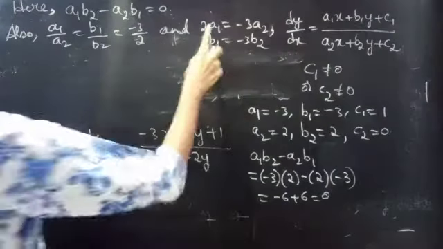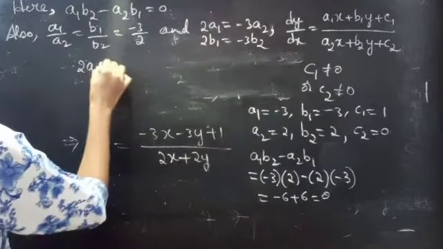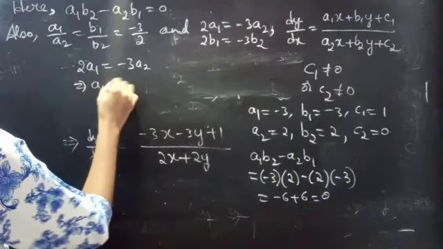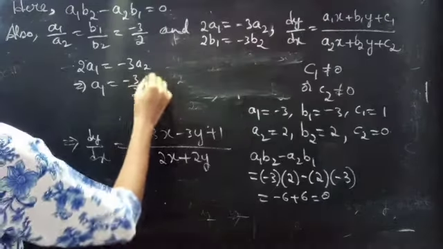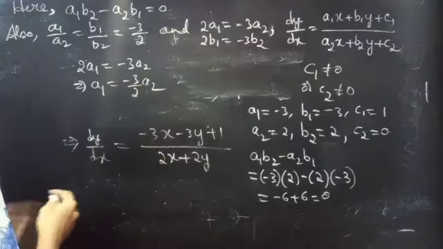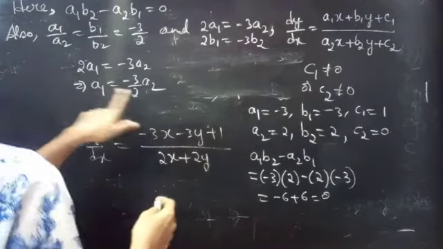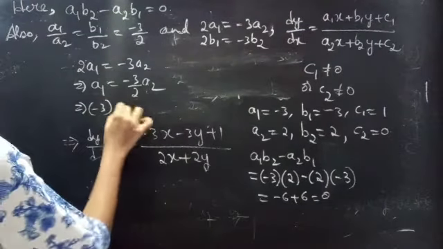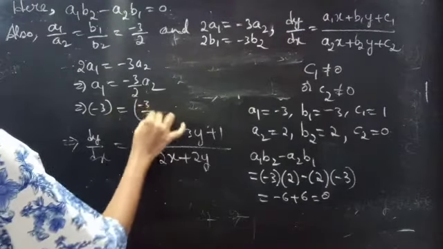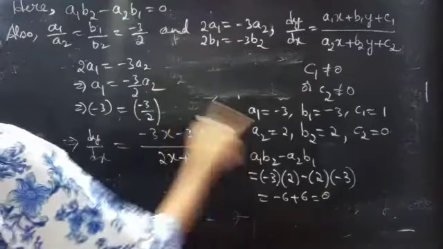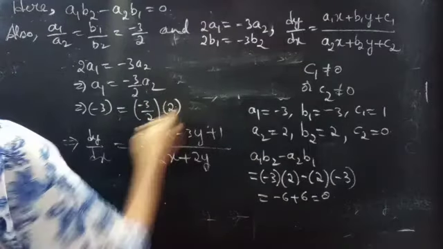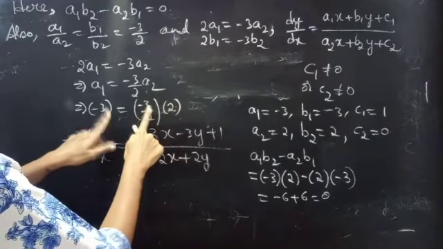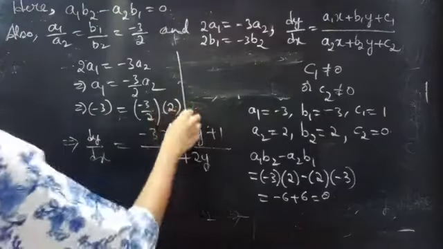From 2a1 equals minus 3a2, we'll get a1 equals minus 3 by 2 into a2. Now substitute the a1, a2 values: minus 3 equals minus 3 by 2 into a2, which is 2. If the 2 gets cancelled, you'll get obviously minus 3. Minus 3 equals minus 3. Okay, fine.